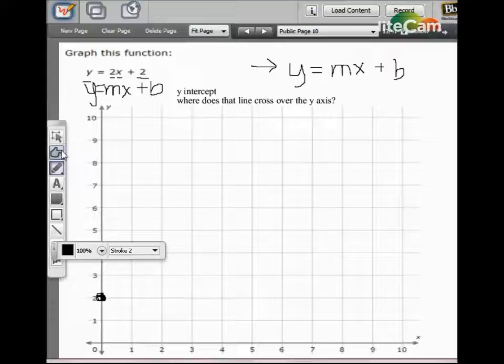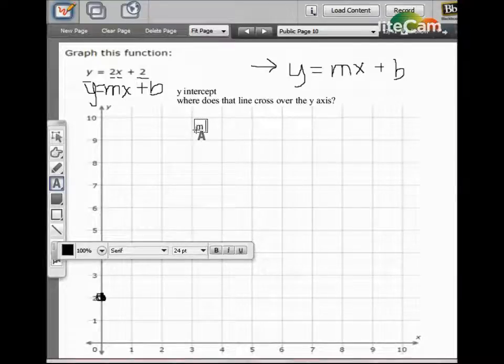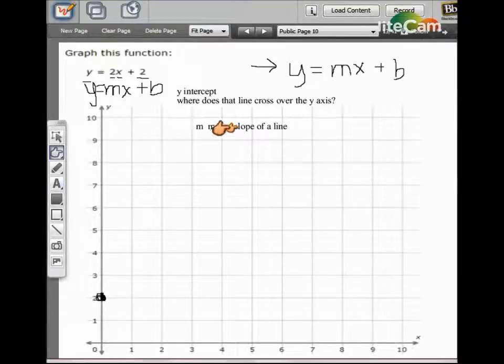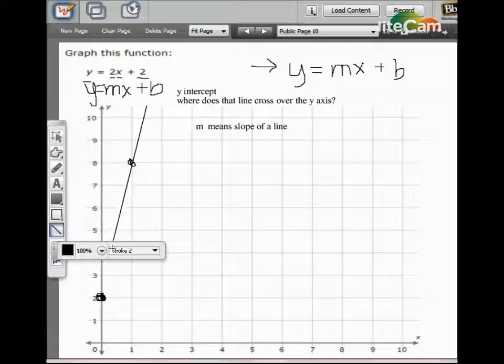So there we go. Now we have to look at our other thing that we have to put on the graph, our slope. M stands for the slope. Remember, the slope is how steep a line is. If I put a point right here and I draw a line through those 2 points, I have a pretty steep line.